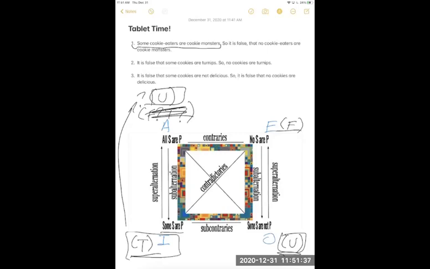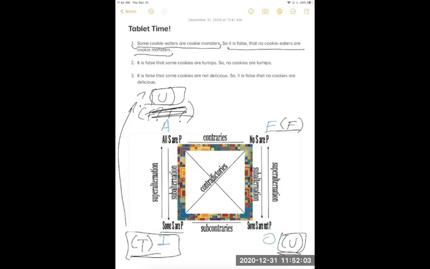So if we begin with the premise and see what else we know just from that information, this is all we know. We have a false E. Once you've computed everything around the square of opposition, that's when you go back and look at your conclusion. You want to see what it says.